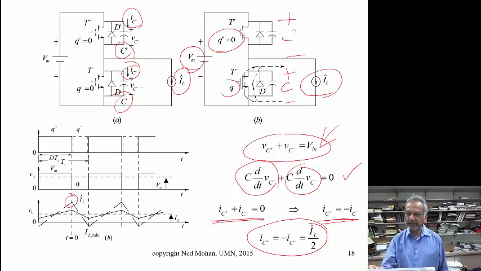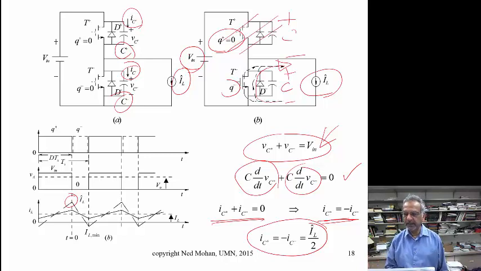But it cannot go negative because there is an anti-parallel diode, and so the voltage across this bottom capacitor cannot go negative, so the current begins to flow. All the current begins to flow through this anti-parallel diode.